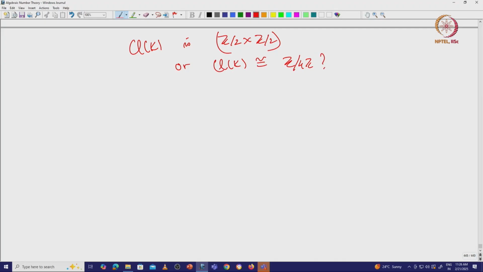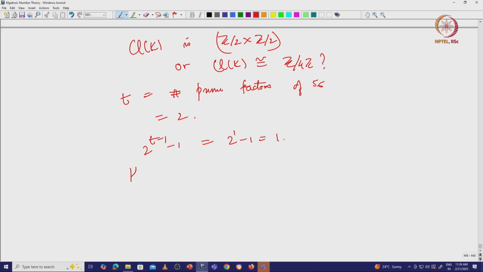Now you look at T, the number of distinct prime factors of 56, which is equal to 2, and so 2 to the power T minus 1 is 2 to the power 1, which is 2, minus 1, which is 1. So there should be exactly one element of order 2.